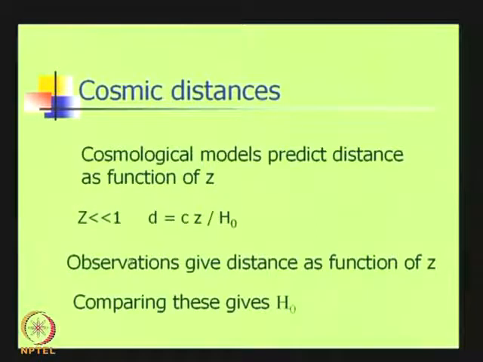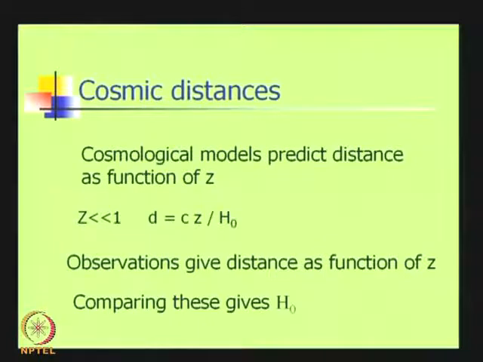So, the basic idea that we are going to discuss now is how to determine h naught. And observation at low redshift can be used to do this. So, if you can measure the distances to different galaxies independently and the redshift independently, you can then determine the value of the Hubble parameter.